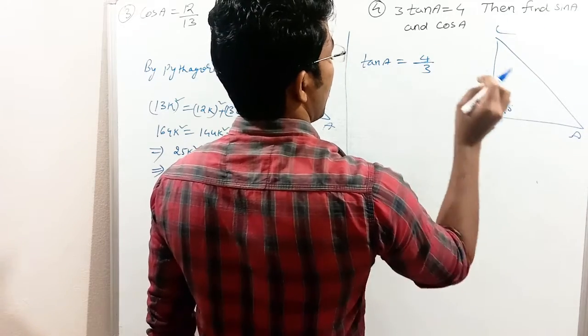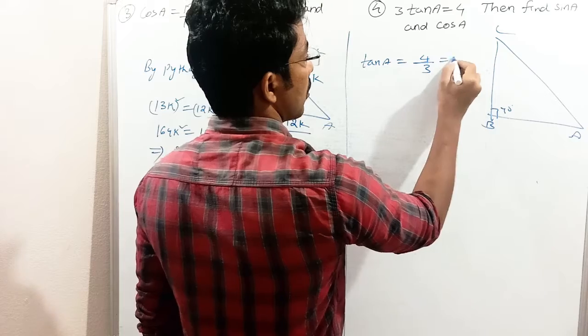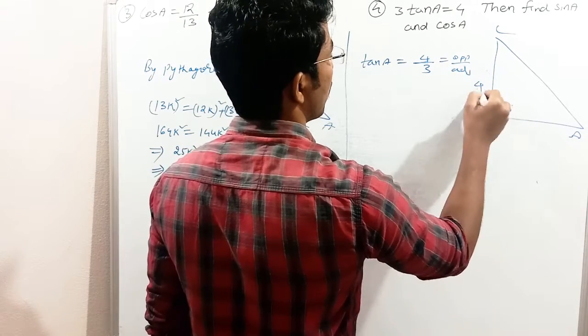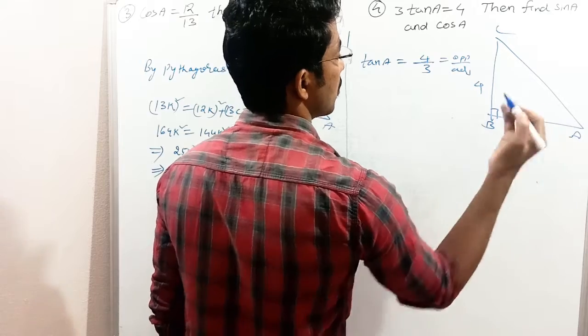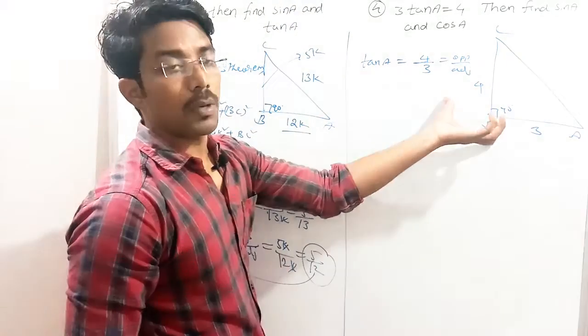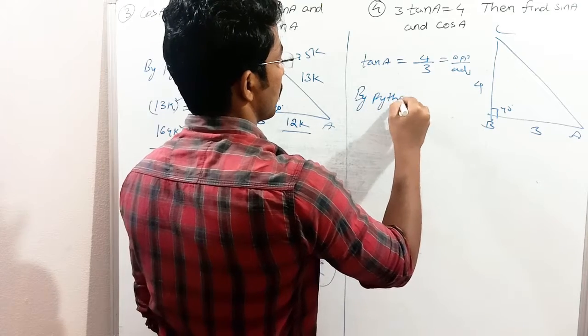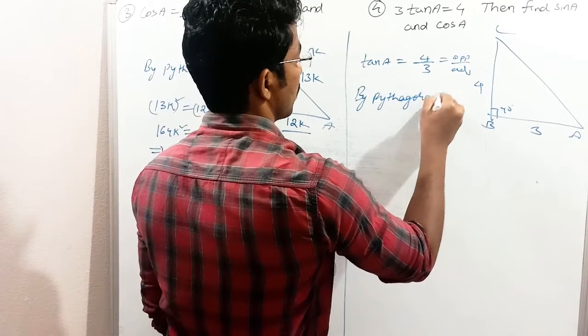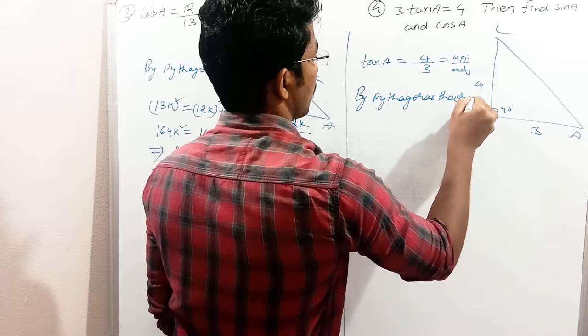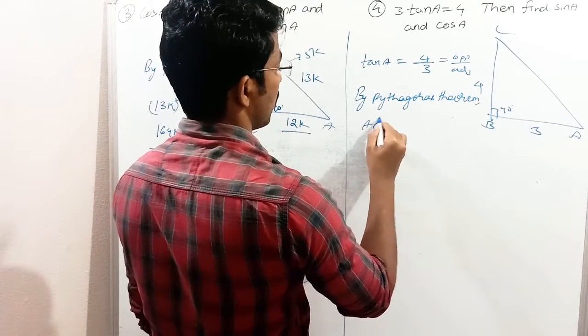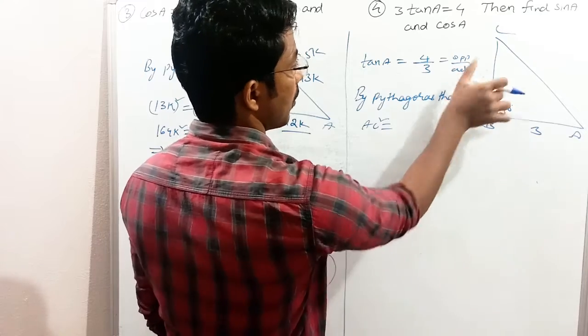So tan A, here it is opposite, here it is adjacent. So opposite of A is 4 and adjacent is 3. Now we know that by Pythagoras theorem, hypotenuse square AC square is equal to BA square plus BC square.